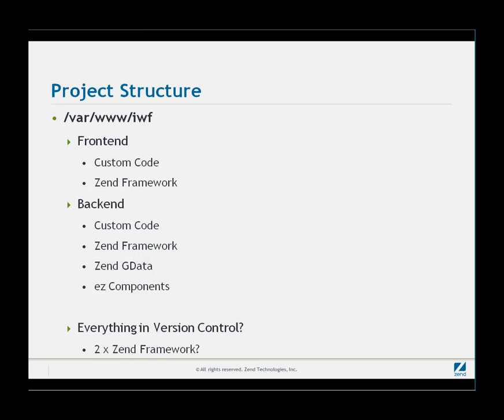I actually have this structure on my local machine here within a virtual machine. And as you can see here, this is Linux format, so var www.iwf. And then we have a front-end subdirectory, back-end subdirectory, and within that front-end and back-end we've got custom code. Of course, we will need to have some functionality that we programmed ourselves.